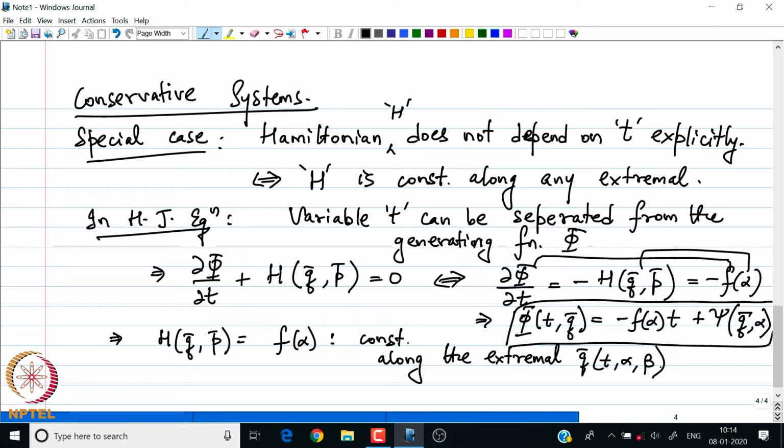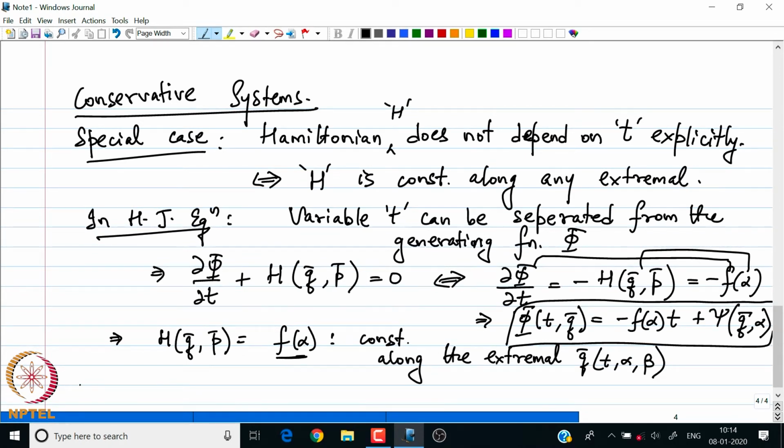And then further, in our generalized coordinates, we can simplify by identifying one of the coordinates with this constant. This constant is special because it will help us to reduce our Hamilton-Jacobi equation.